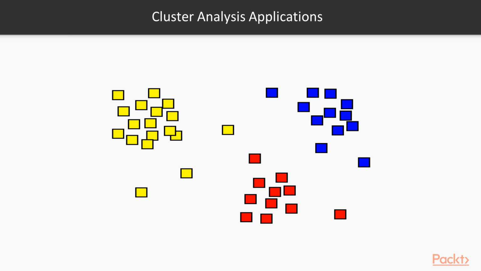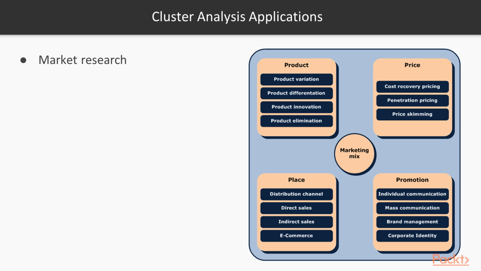Now, in terms of applications for cluster analysis, first and foremost, it's been used in market research. For example, we may find that there are different buying patterns for our customers, and we may want to create different marketing campaigns for each one of them so that we don't all get the same advertisements, but the advertisements are targeted.